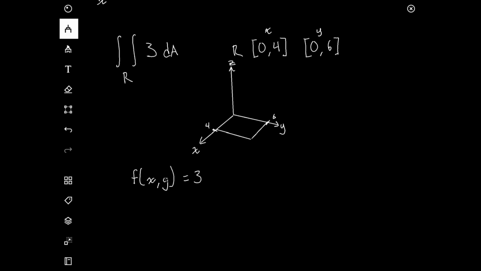So what does this look like? In our area where we have x and y, simply we go up on the z-axis by 3. It should come out looking like a rectangular prism.